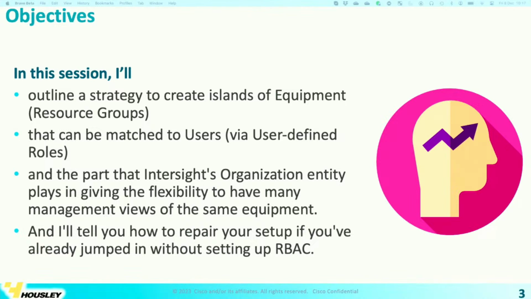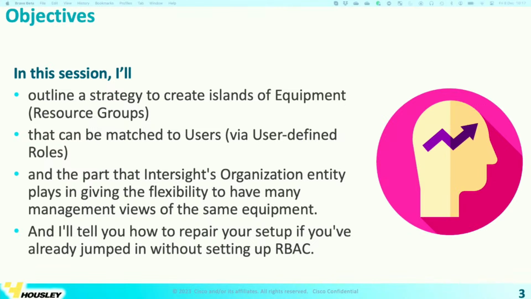You've got to go through something called user-defined roles and another thing called organizations. It's the organizations, I guess, that give you the flexibility of being able to do things in different ways. But the real key is the role-based access control. I've also got a little promise here to tell you how to repair your setup if you've already jumped in without doing role-based access control. I may not keep that promise. We'll see how we go for time.